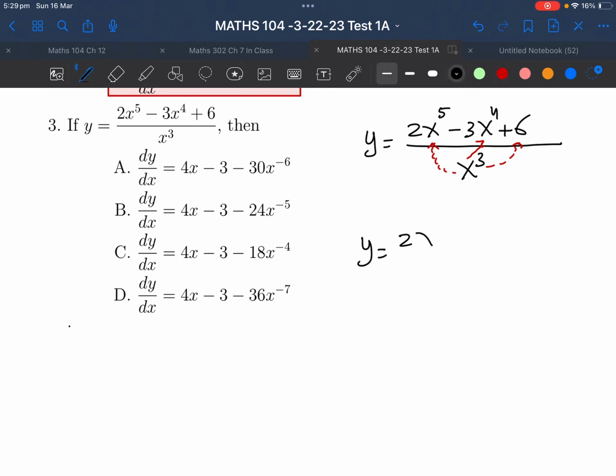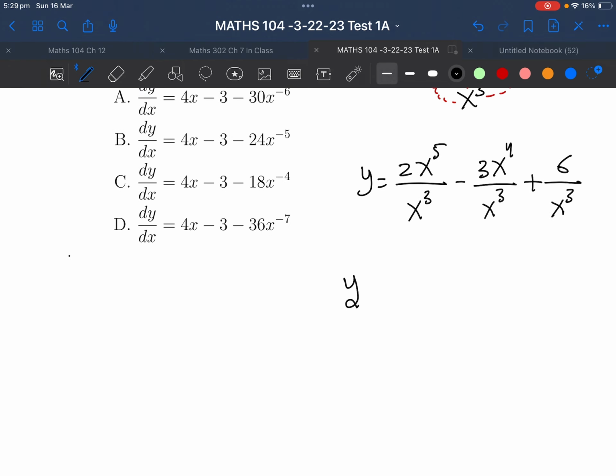So we'll get 2x power 5 by x cubed minus 3x power 4 by x cubed plus 6 divided by x cubed, which means y equals 2x squared minus 3x plus 6x to the negative 3.